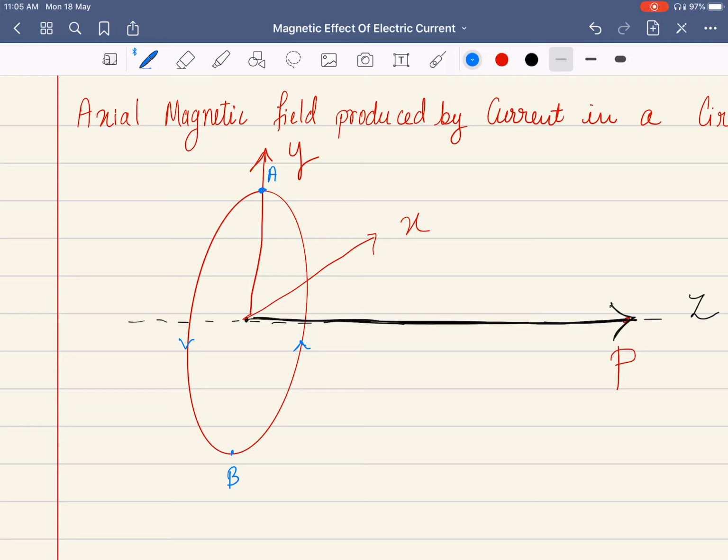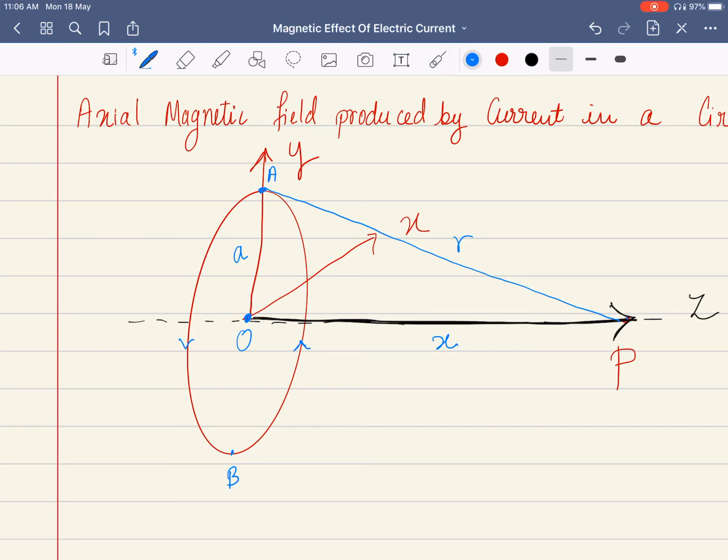If I consider point A, the length of the vector from A to P, we call it R, and the axial distance from the center of the coil to the point P, we call it X. Let us say a is the radius of the coil.